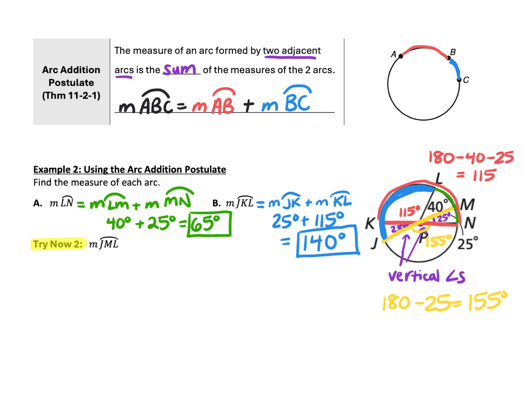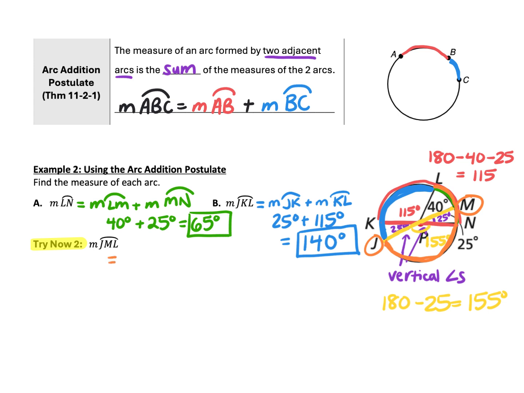For your try now, let's go ahead and look at the measure of arc JML. So make sure you go the same direction. So J to the M, then to the L. Maybe what you observe here is that you're going a semicircle like right here. So from J to M is 180 degrees.